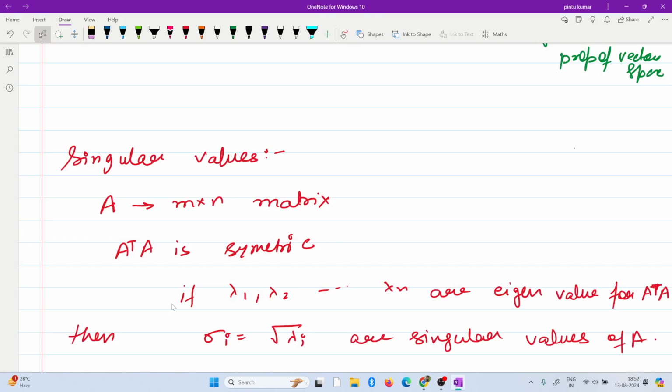The way you define an orthogonal matrix is that A transpose A should be identity. If you take the transpose of this thing, it is again A transpose transpose and A transpose. So this is again A transpose.